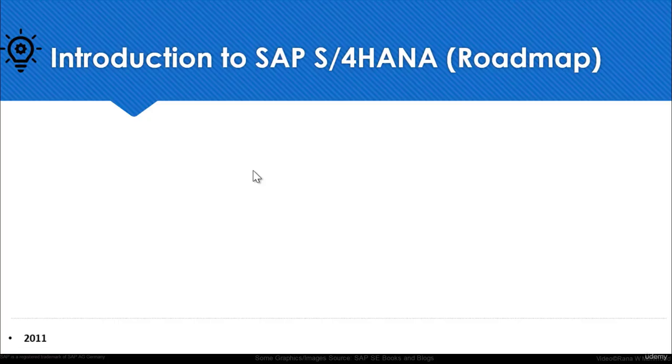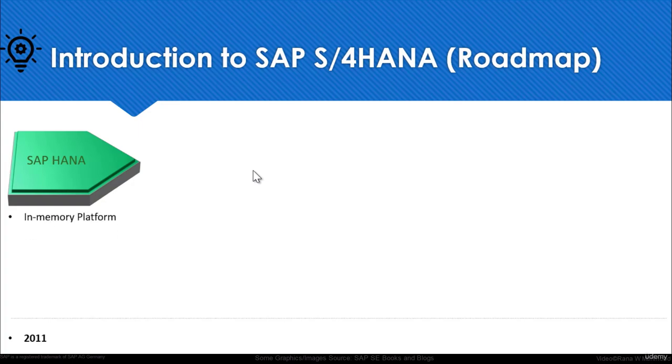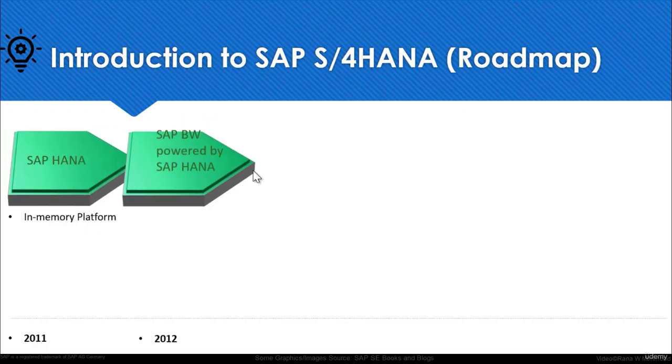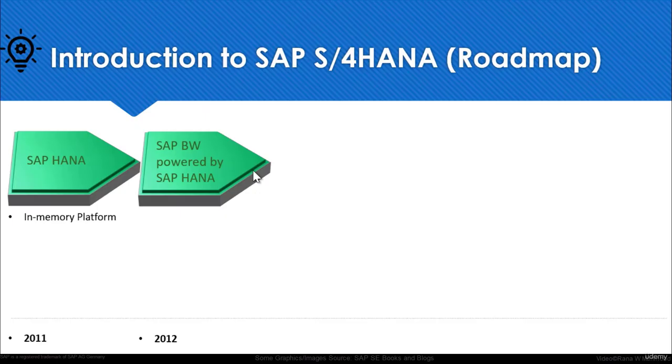So in 2011, SAP HANA database managed to gain attraction in the market as an in-memory platform after its release in 2010. Then in 2012, SAP Business Warehouse powered by HANA was introduced to support real-time analysis, and real-time reporting was introduced.